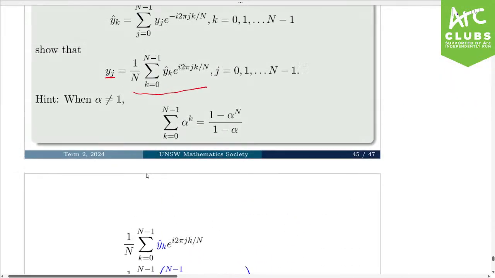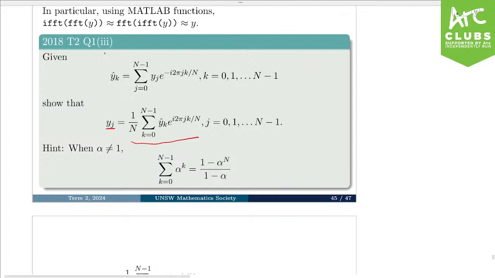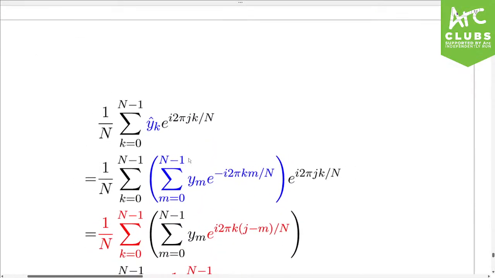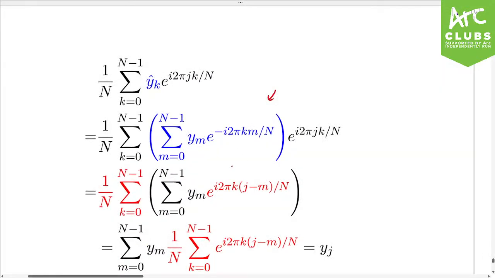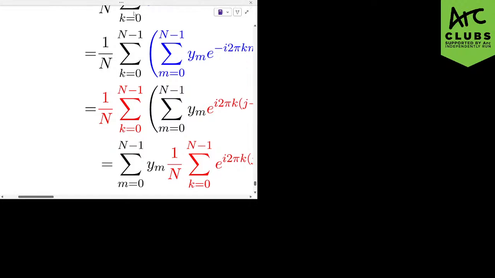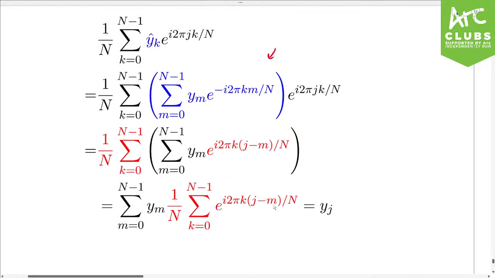So here we can substitute the formula for the discrete Fourier transform into here, and that gets us this. And then we can combine these two into one term, and after some rearranging we get this term highlighted in red.